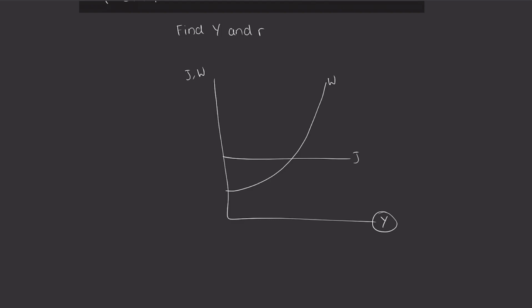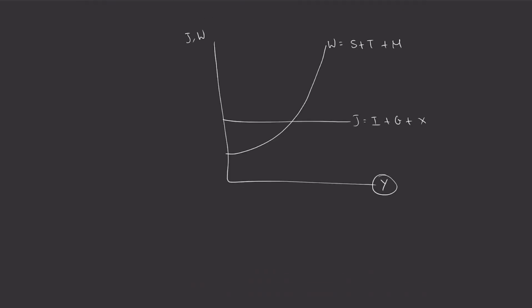So it doesn't slope downwards or upwards, or have a relationship with output or national income, because your injections are investment, government expenditure, and exports, and your withdrawals are savings, taxation, and imports. I just remember it as IGX and STM, because it sounds correct for those terms. You basically just have to remember those, and those are types of your withdrawals and injections, sorry.